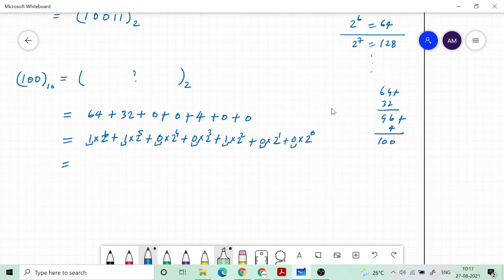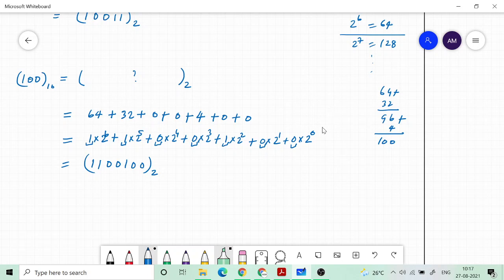So that's our binary number: 1 1 0 0 1 0 0. So you require at least 7 digits to represent the decimal number 100 in binary. With 7 digits you can go up to the decimal number 127, and 128 will require 8 digits.